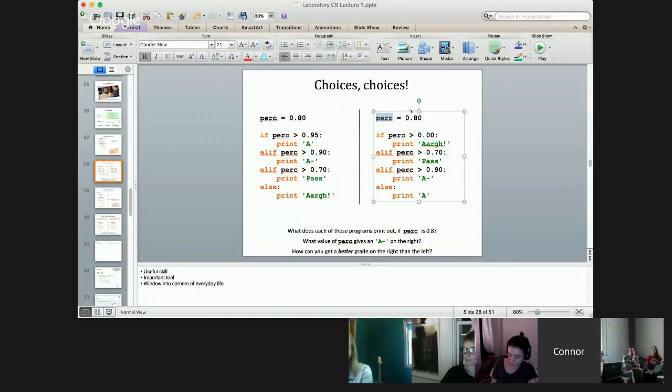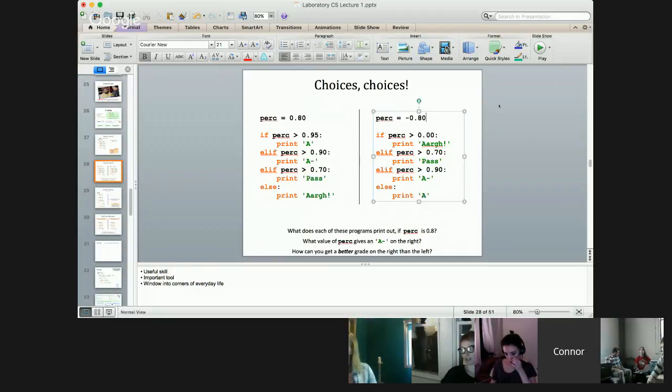So if we wanted to try a negative number, let's say perk is equal to negative 0.80. So what happens now? Anything, or you said is equal to negative 0.8?